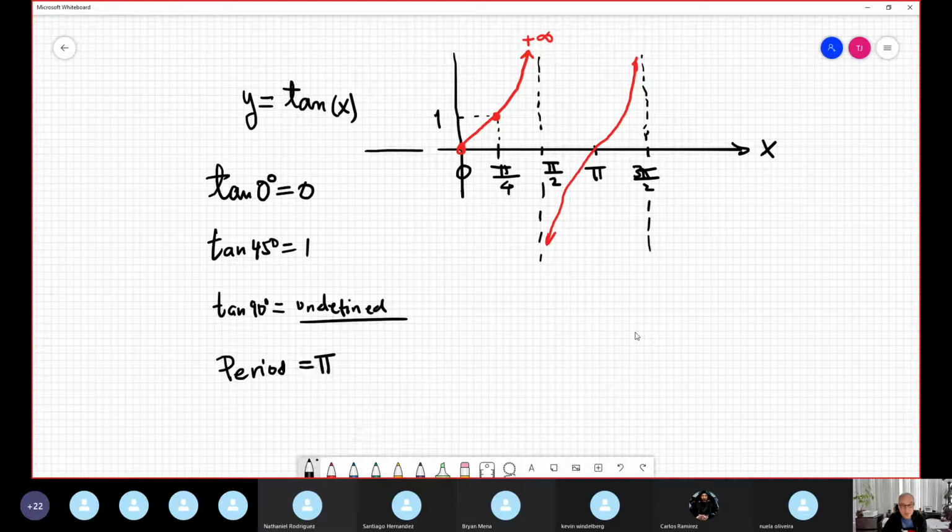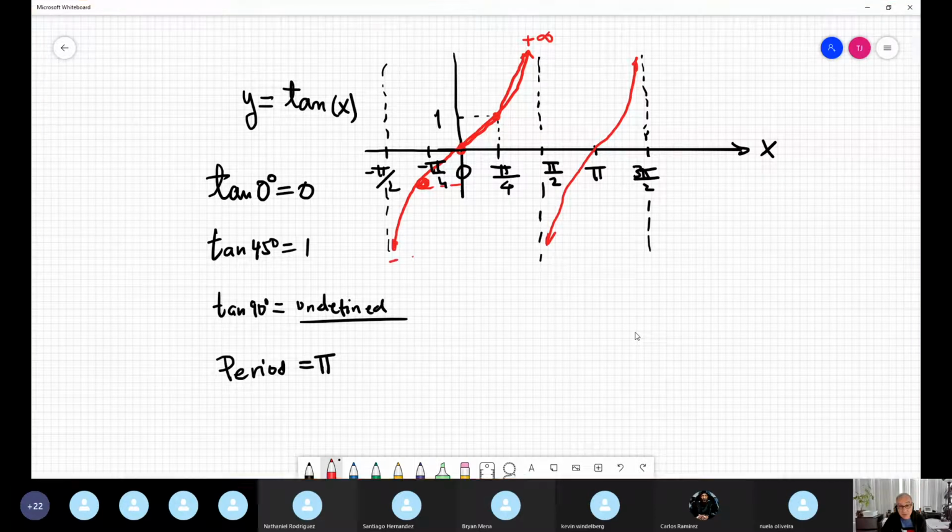Look. We have negative pi over 4, and we have negative pi over 2, and here we have another asymptote. You see this curve, by the way, at negative pi over 4 is negative 1, totally symmetric, so it's an odd function.